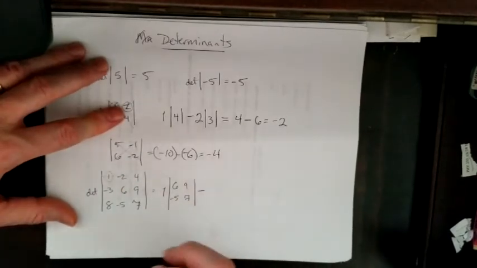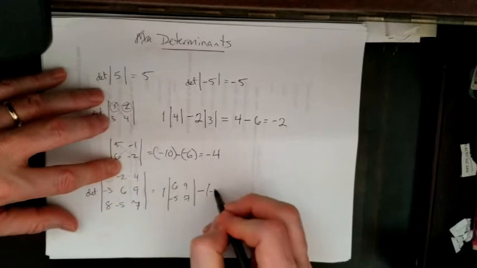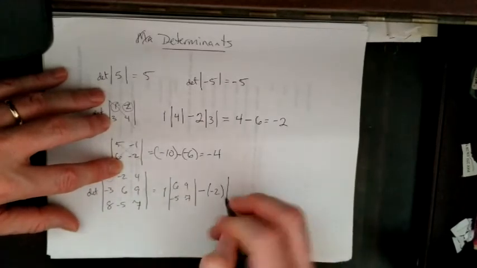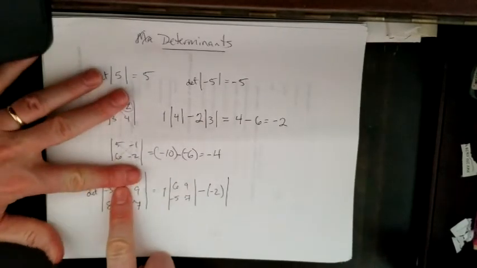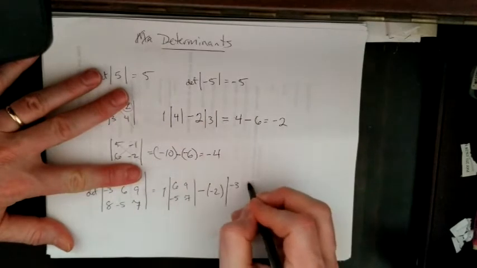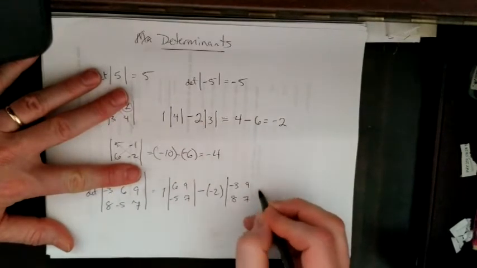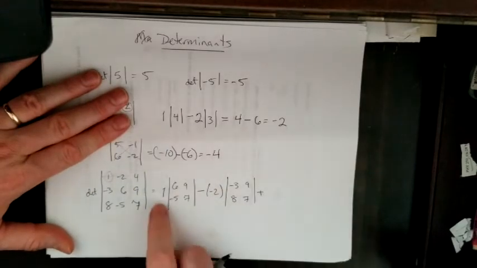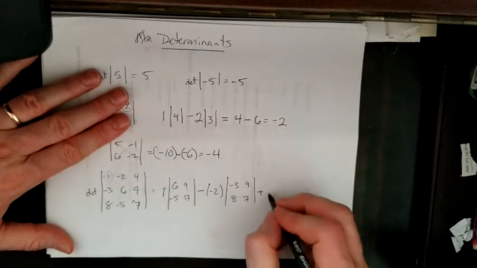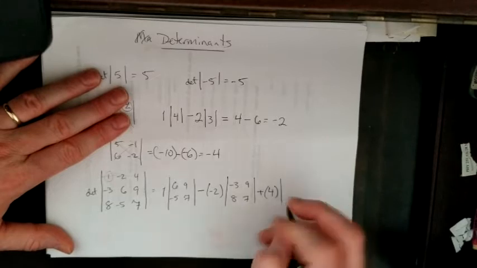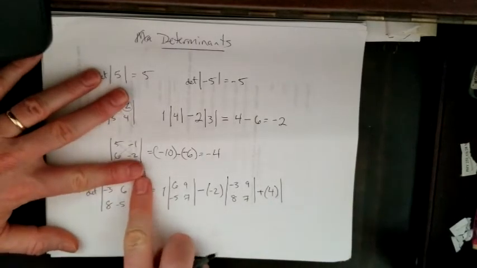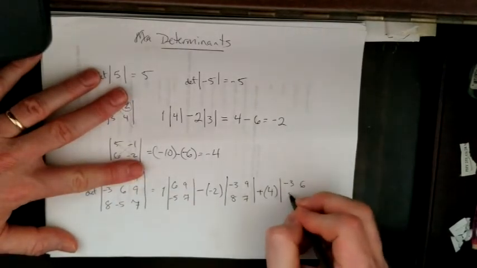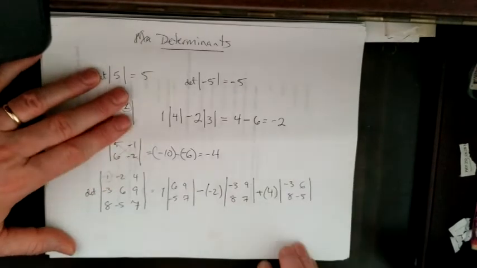Minus, because I alternate signs, now to the next number, which is -2. We'll block out that row and column, and what I'm left with is -3, 9, 8, 7. Plus, because again, alternating signs, go to the next number, 4. Block out that row and that column. What I'm left with is -3, 6, 8, -5.